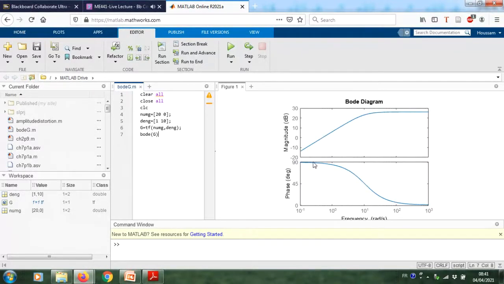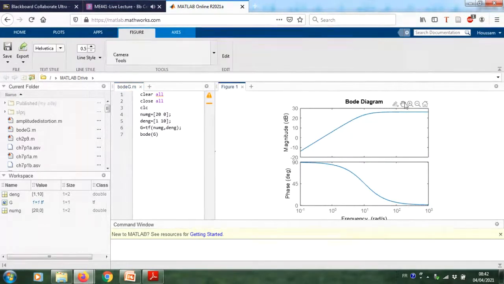So we get the same. This is the Bode plot of the function g of s, 20s over s plus 10. It starts from minus 14 as shown here. I cannot select the points.